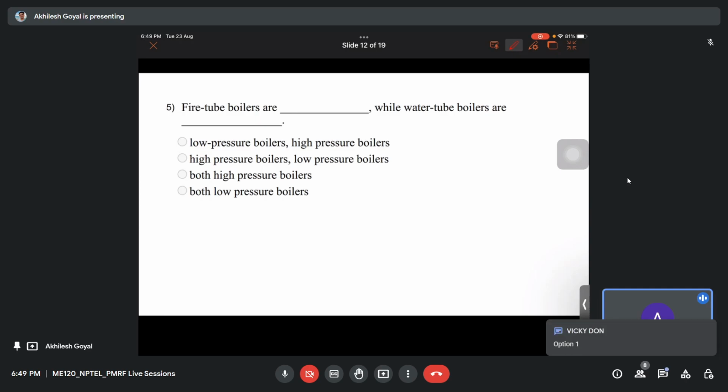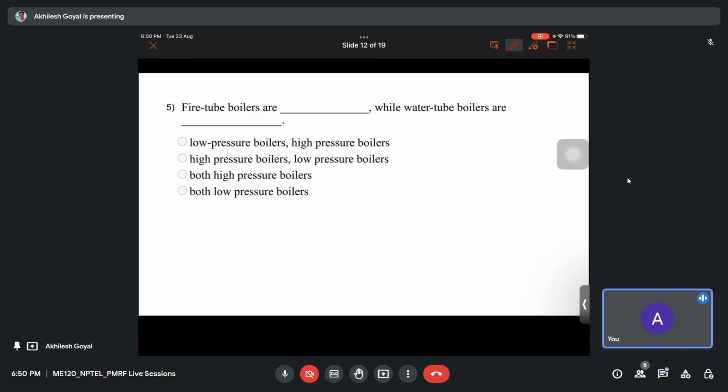As in the summary before, we saw that fire tube boilers are the boilers in which the combustion products or the hot gases flow through the tubes, and it heats the water surrounding those tubes in the big vessel.